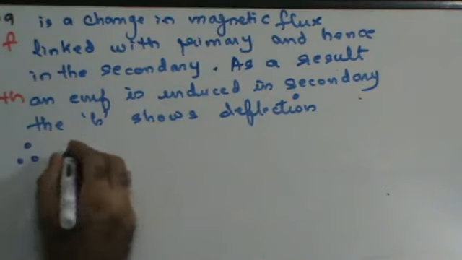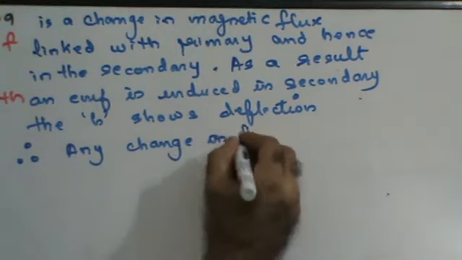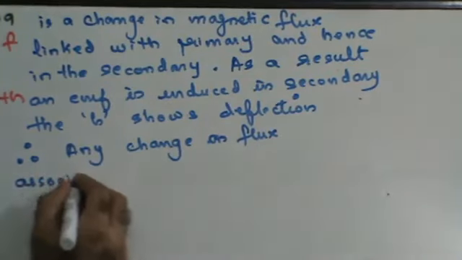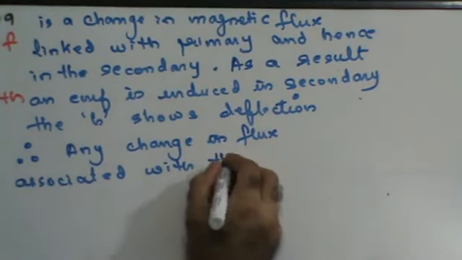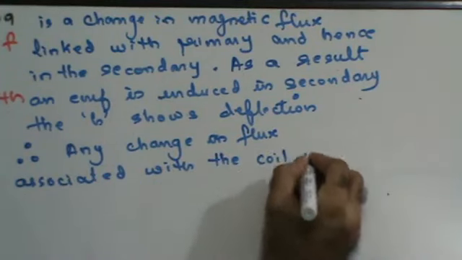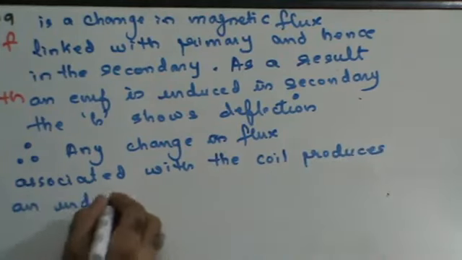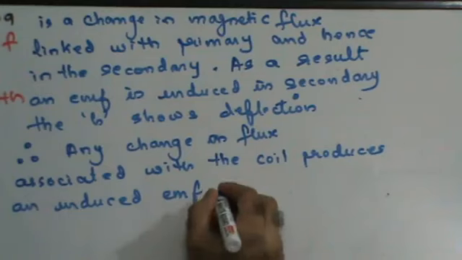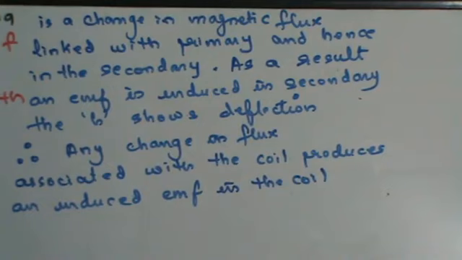Therefore I can say that any change in flux associated with the coil produces an induced EMF in the coil. So now we understand why an EMF is induced in the coil, how potential difference is produced, right?